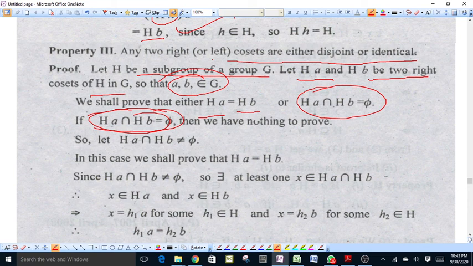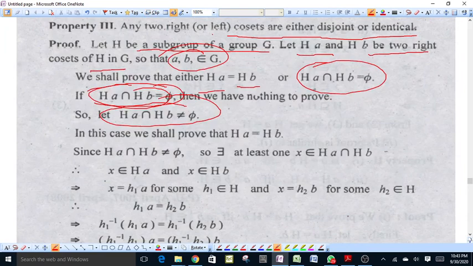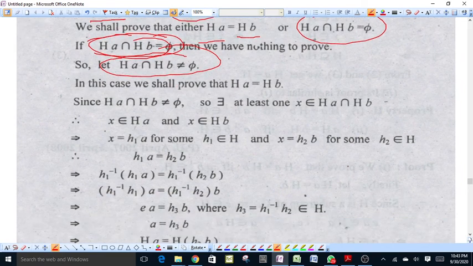If their intersection is phi, this means these two right cosets are disjoint. Now, let us suppose that Ha intersection Hb, that is, any two right cosets are not mutually disjoint, that is, their intersection is not equal to phi. In this case, we will prove that Ha is equal to Hb.